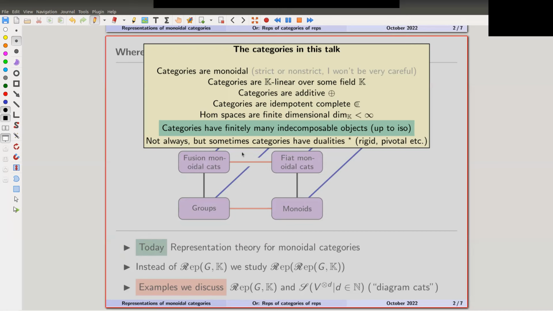And there are some linearity assumptions, the usual ones. It should be linear over some field, it should be additive, and there should be direct sums. The main point is I would like to mimic finite groups and finite dimensional algebras, so I put in some finiteness assumptions in my categories. We'll see that in action later.